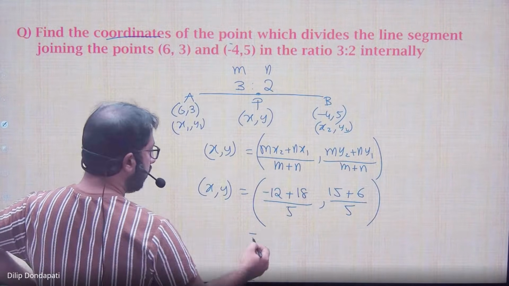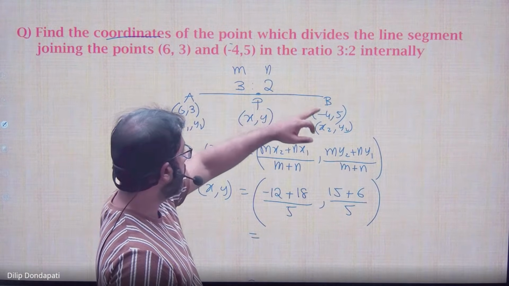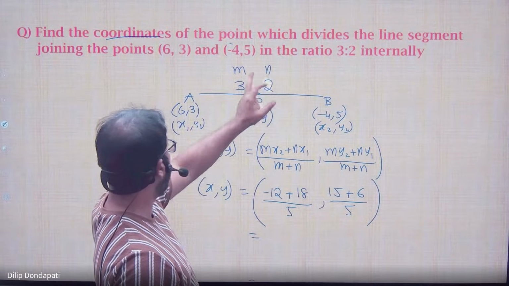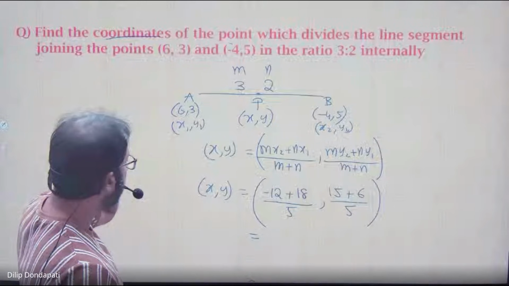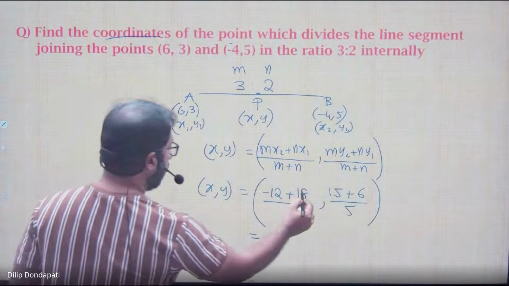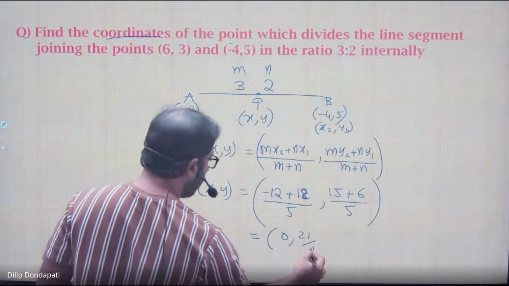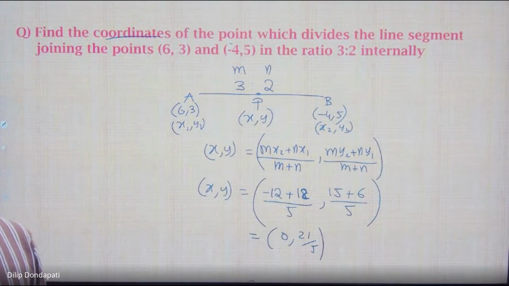Okay. This is a mistake here. 3 into minus 4 plus 2 into 6. 2 into x1 is 18. Yeah. 12, right? So 0. So 0 comma 21 by 5. This is the answer. Yeah?